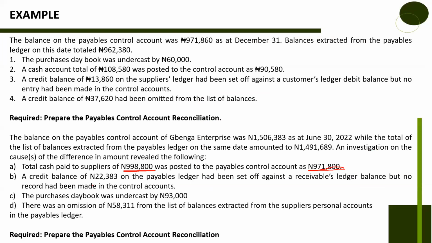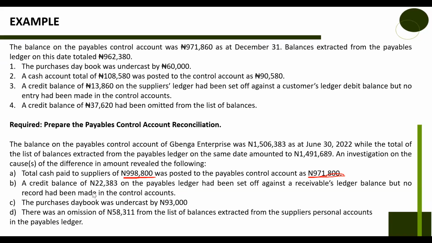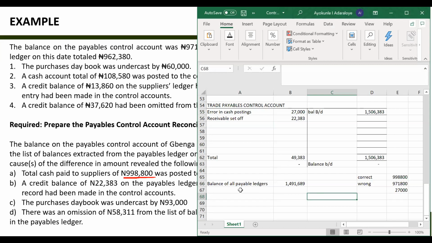Okay. So the purchase day book was undercast by 93,000. When they say undercast, it means you reduced the amount of credit purchases that you got.